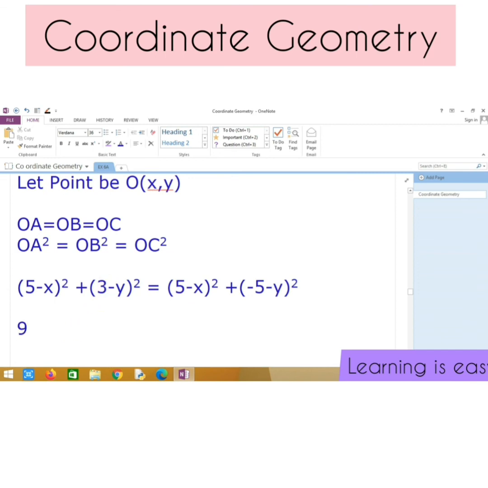9, it's of the form (a minus b) whole square. So 9 minus 6y plus y square equal to, RHS is of the form minus 5 minus y, so it's (y plus 5) whole square, 25 plus 10y plus y square.